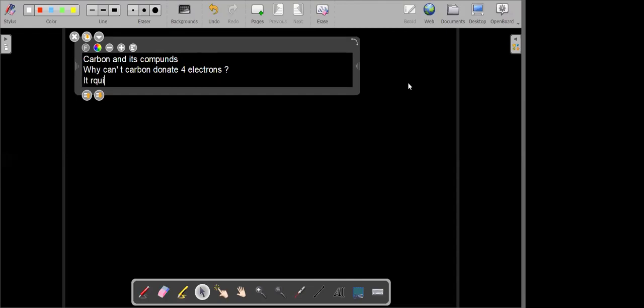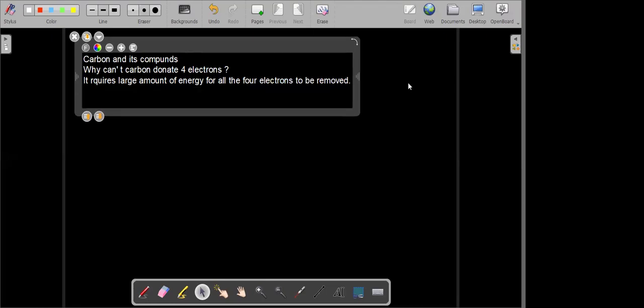So it requires a large amount of energy. Very good. You guessed it, but still you are correct. So it requires a large amount of energy for all the 4 electrons to be removed. Therefore, carbon cannot donate 4 electrons.